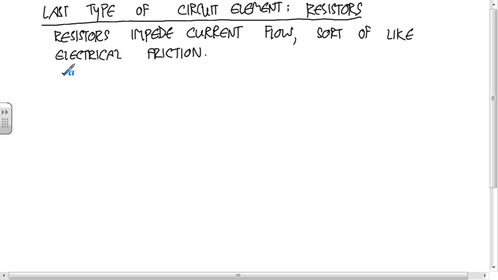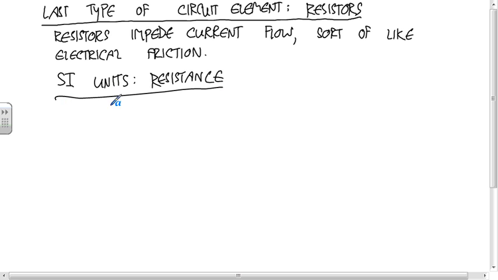The SI units of resistance are volts over amps.